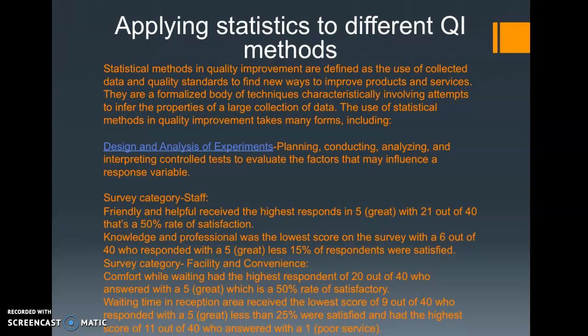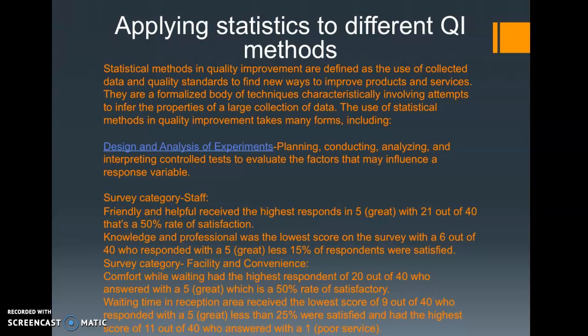When they were asked if the staff was friendly and helpful, they received the highest response in 5, with 21 out of 40 satisfied with the way the staff responded to them. The knowledge and professional side of it, however, scored the lowest, with 6 out of 40 who responded with a 5. That's less than 15% of the respondents left satisfied.